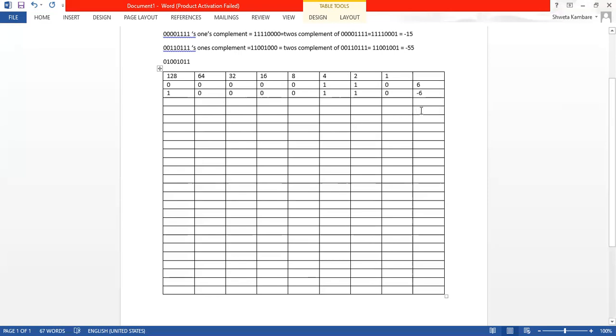Now let's take one more example. Let's try representing 4 and minus 4. So 4 will be 0 1 0 0, right?